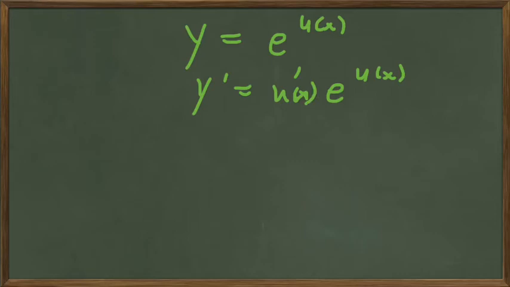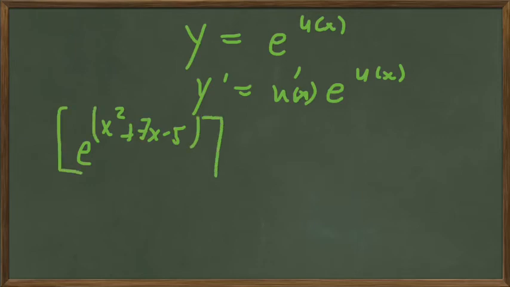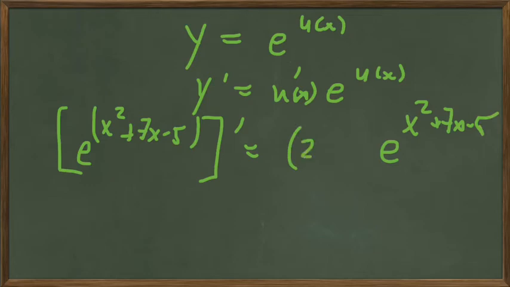And so if we have a function, as an example 1, e to the x squared plus 7x minus 5, and we want to differentiate that, we get the function back, e to the x squared plus 7x minus 5, but it's multiplied by the derivative of that function.